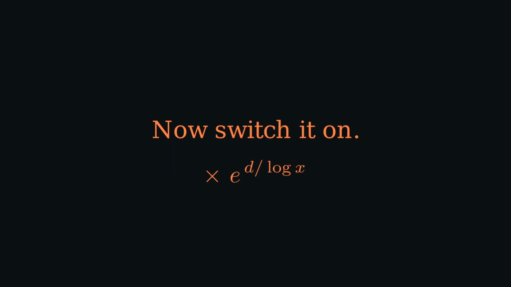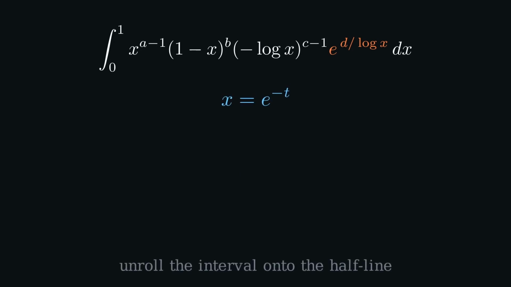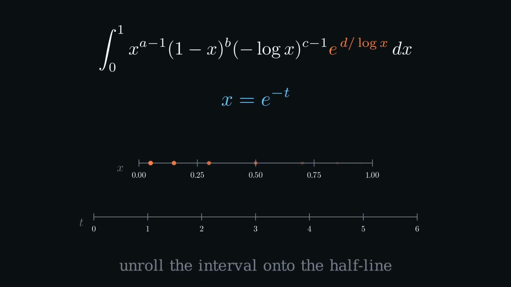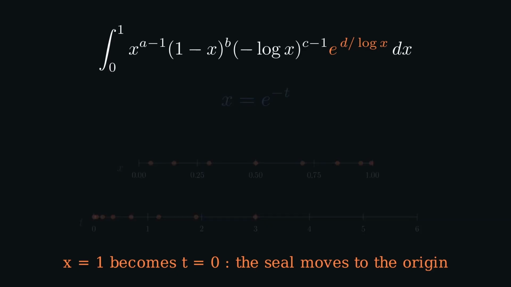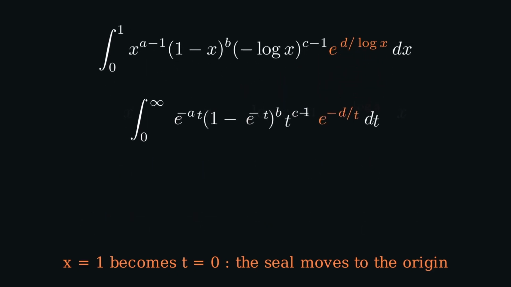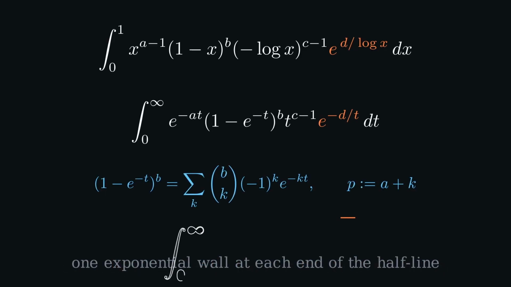Now let's switch on the e to the d over log x factor. So we'll make the substitution x equals e to the negative t, and this is what we get.